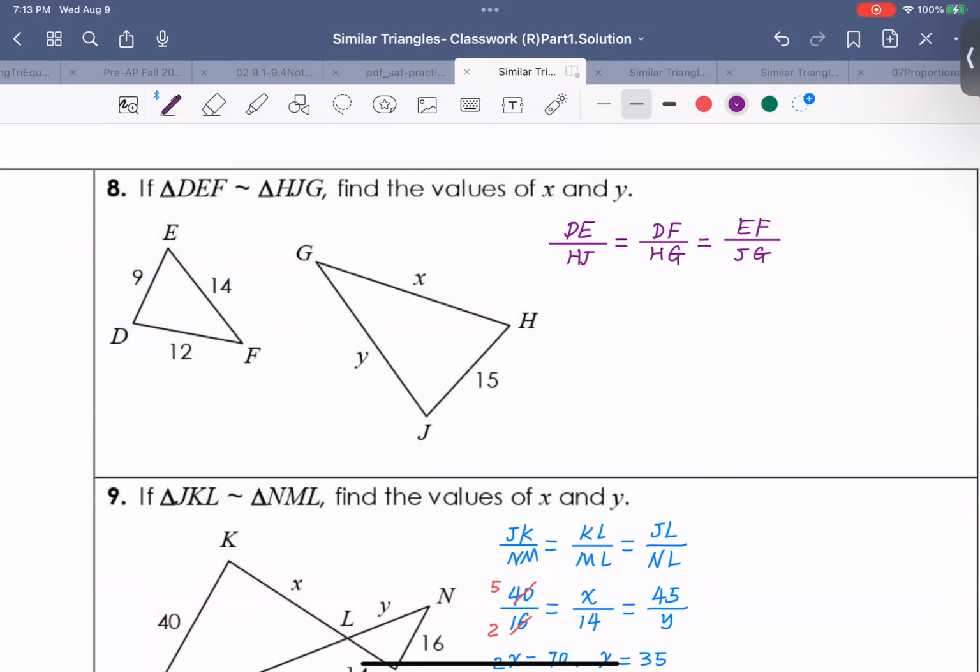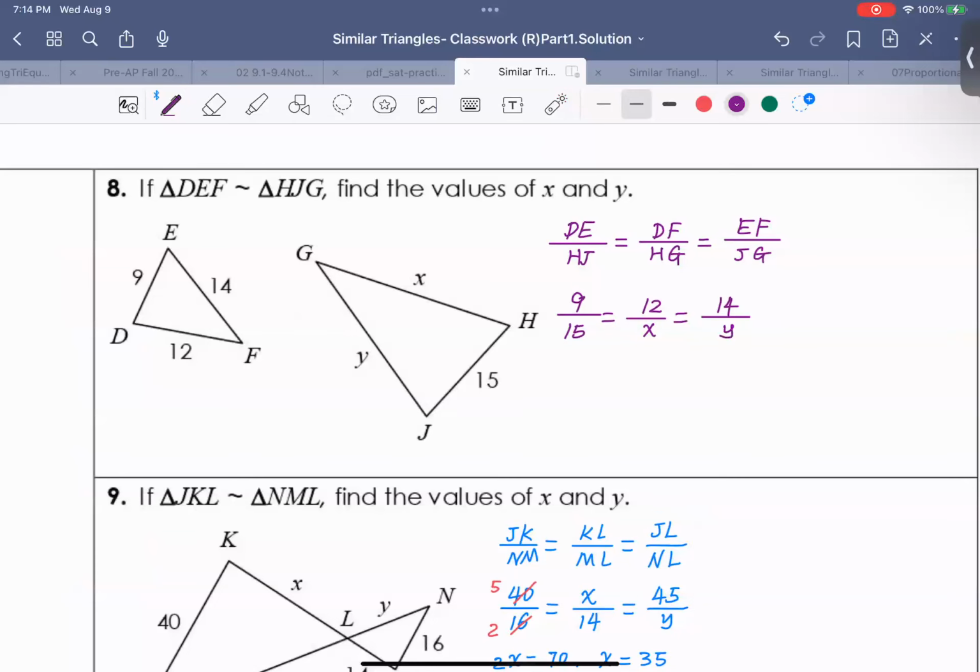Very good. And then let's plug in. It'll be 9 over 15 is equal to 12 over X, which is equal to 14 over Y. So DE is 9, HJ is 15, DF is 12, and HG is X, and then EF is 14, and JG is Y.